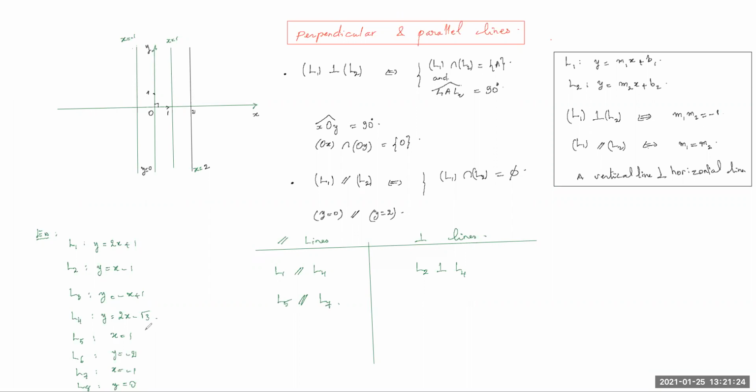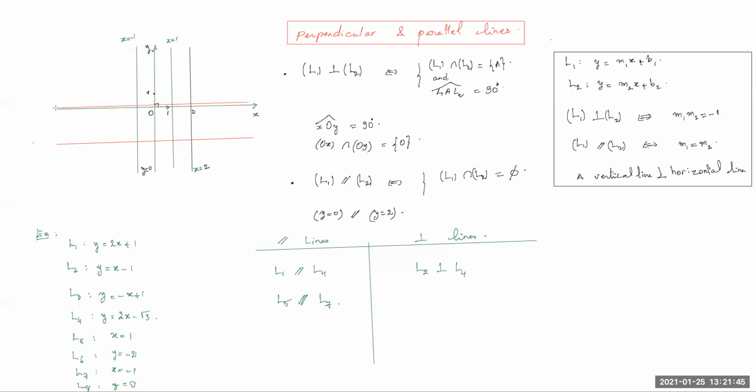What about the lines y equal minus 2 and y equals 0? Let's do it approximately. Here is y equal minus 2 and y equals 0. y equals 0 is my x-axis.